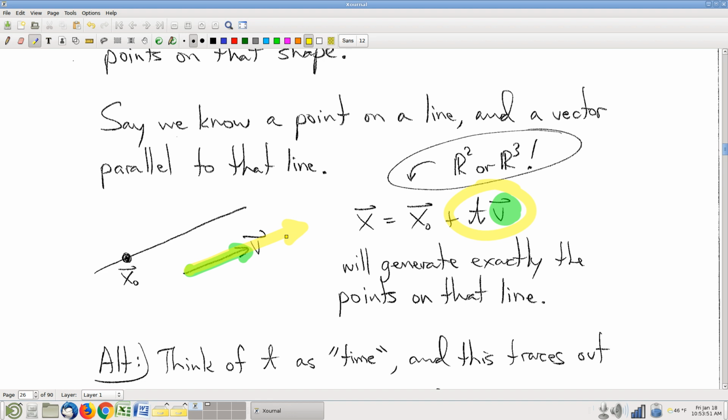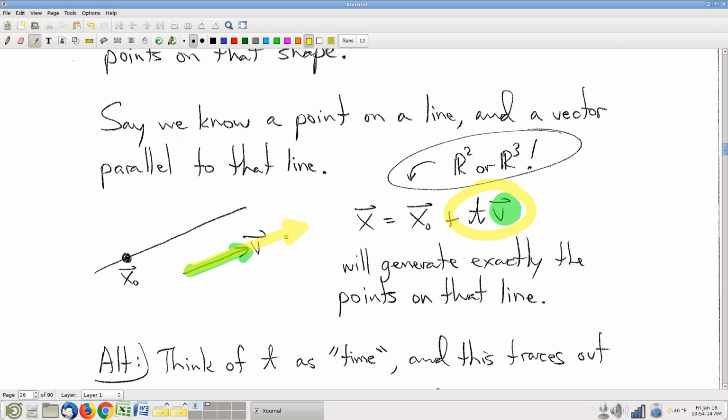Yes? Why does x0 have a vector symbol over it? It's just a point. My own personal preference on how to use notation is to always conflate the notations between points and vectors, because context always makes it clear what I'm actually talking about.